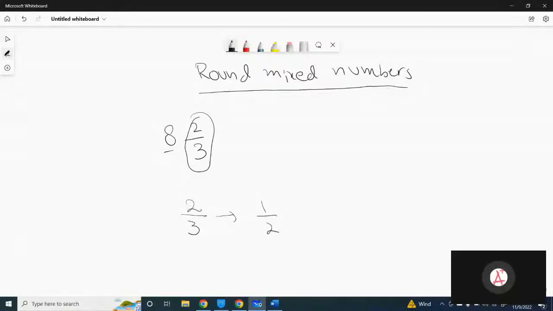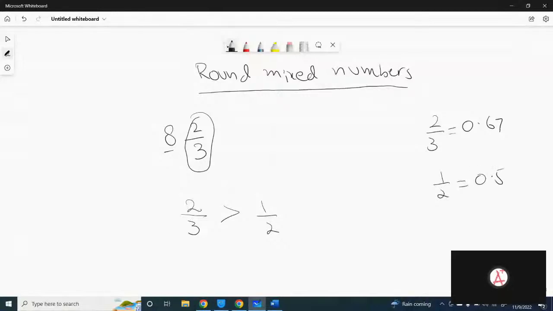So 2 by 3 is greater than 1 by 2, because we have already learned how to compare fractions. You have two ways to compare the fractions. One of them is you can just divide: 2 by 3 equals 0.67 and 1 by 2 equals 0.5.